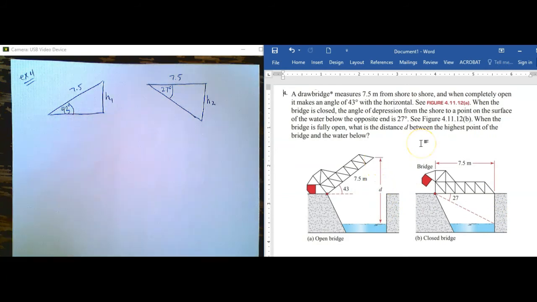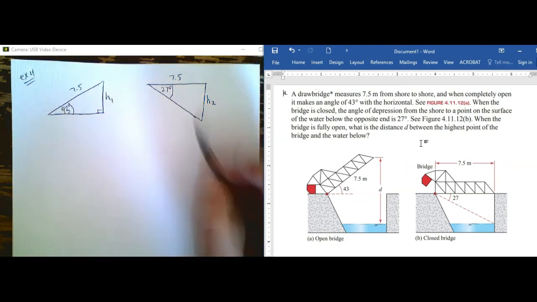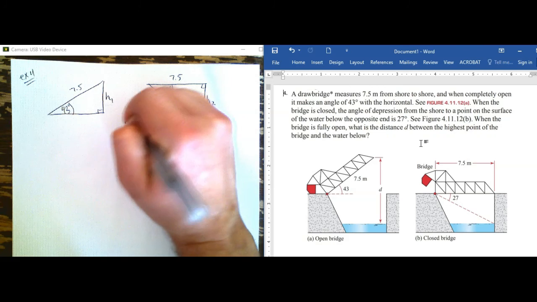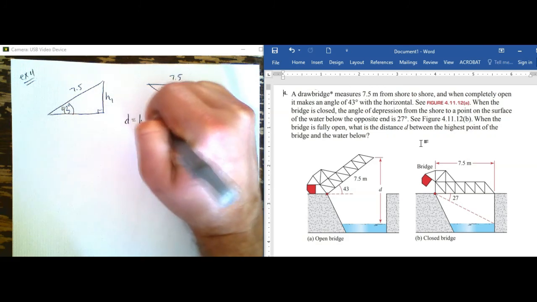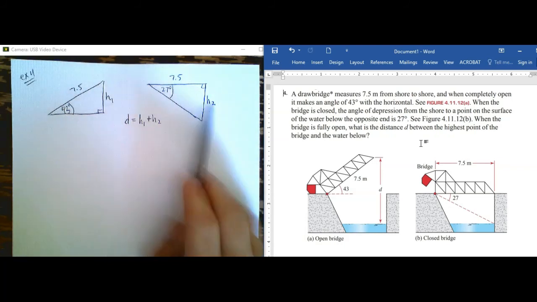So we need to figure out what h1 is and what h2 is, and d will be equal to h1 plus h2. We need to do that for each of those.